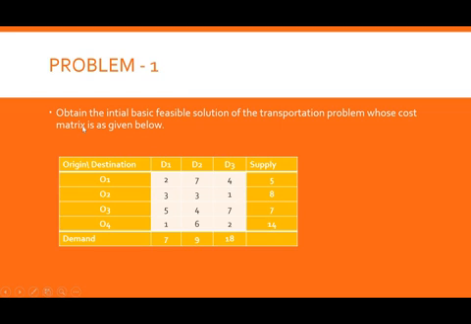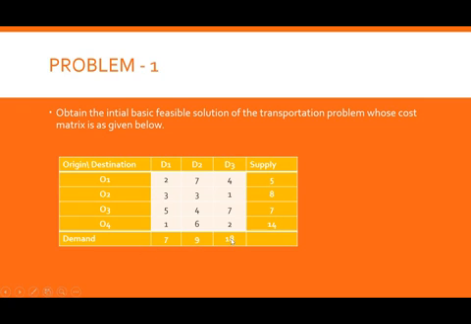Obtain the IBFS of the transportation problem whose cost matrix is given below. The cost matrix is 274, 331, 547, 162, and the demands are 7, 9, 18, and the supplies are 5, 8, 7, 14.